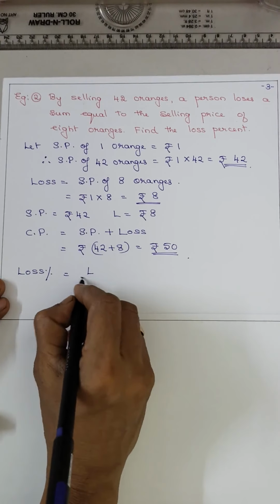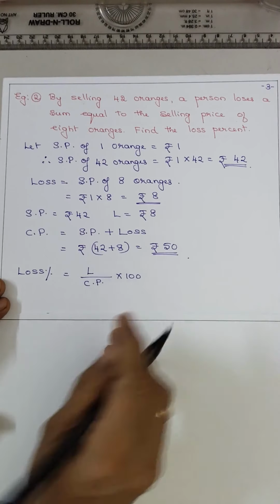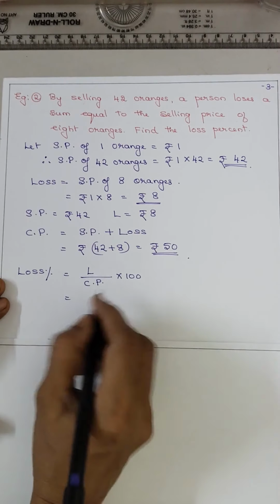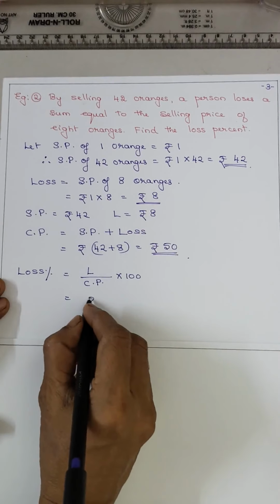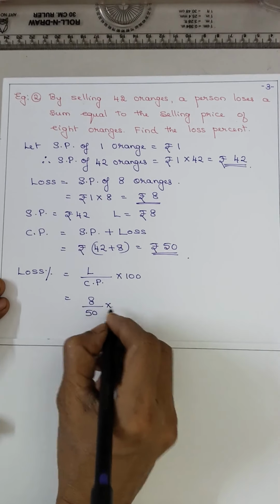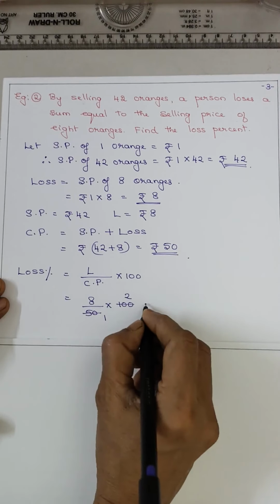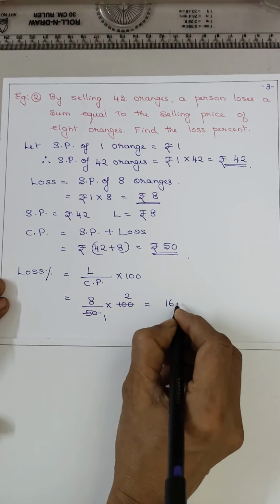Formula is loss upon CP into 100. That means loss is 8, CP is 50 into 100. 5 1s are 5, 2s are 8, 2s are 16.